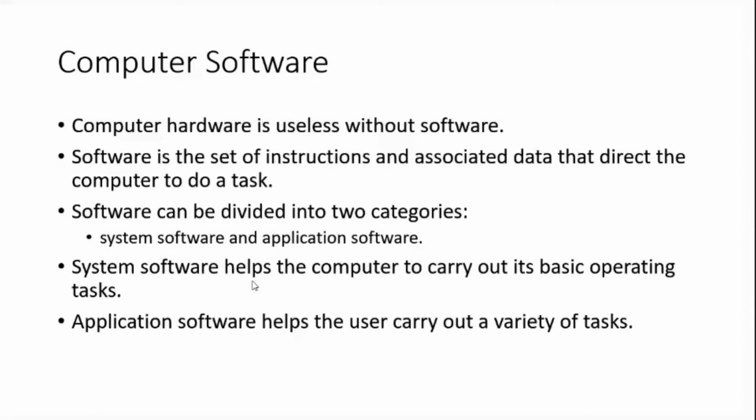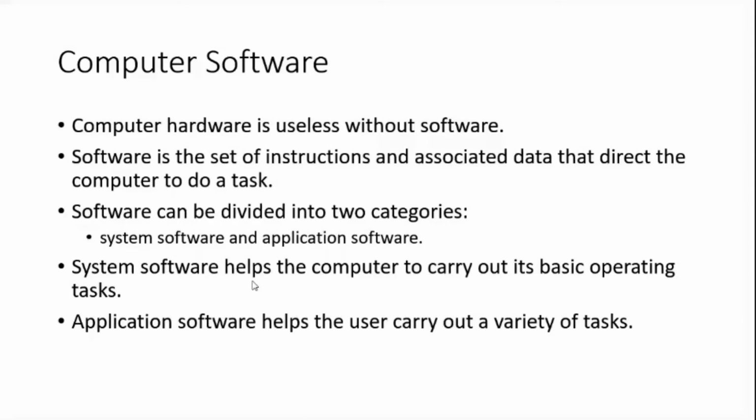Then the software is generally divided into two categories. The basic categories of software are the system software and the application software. The system software is the one which helps the computer to carry out its basic operating procedures or operating tasks, like booting up.